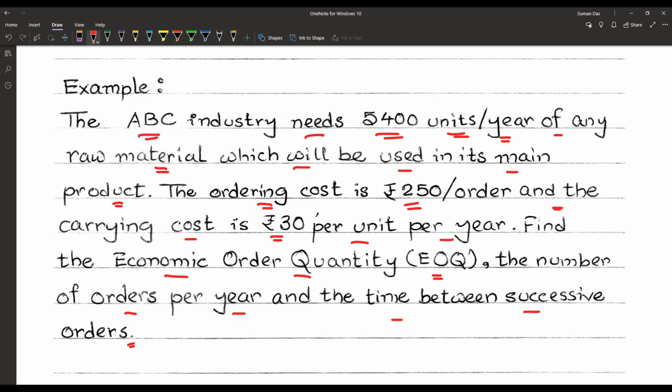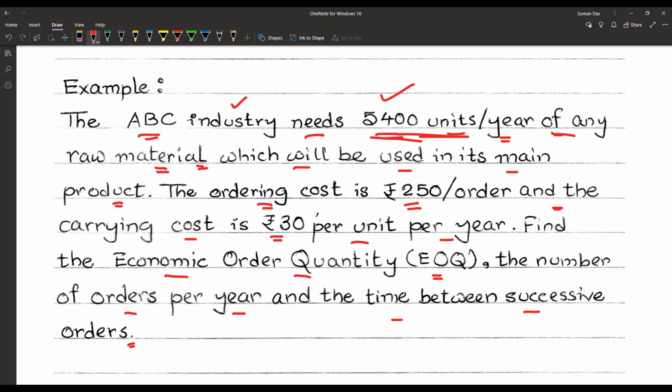Here the ABC industry needs 5400 units per year of a raw material, so the demand is uniform. It has never been said that production has some limit, so the production is infinite here. So we may solve the problem using model 1A.